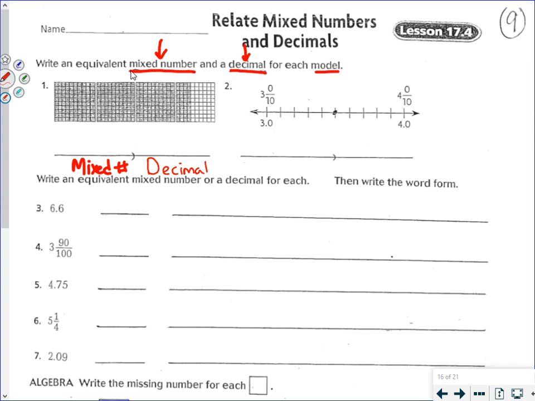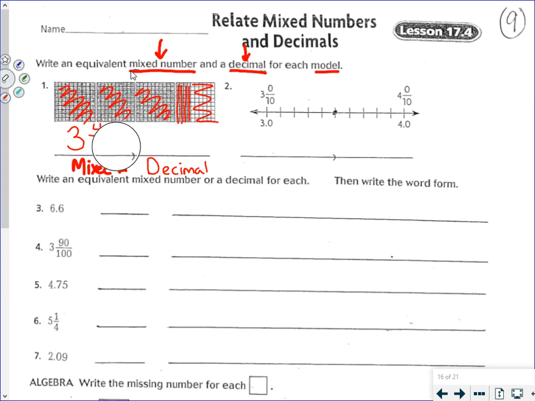I see we have 1 whole, 1, 2, 3. So I know our whole number is going to be 3. And it looks like we have 1, 2, 3, 4, 4 out of. Remember, we could go 40 out of 100, or we could simplify it and cross off each 0.